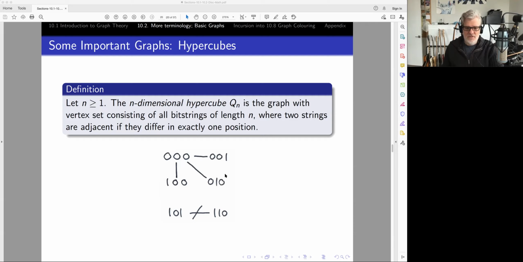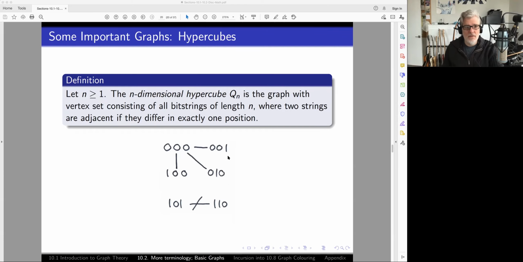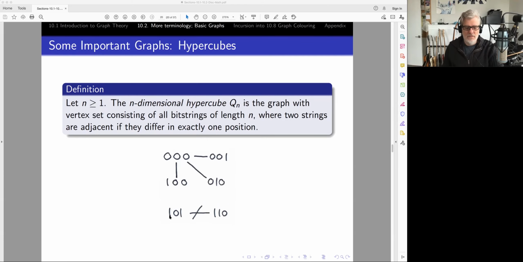It is adjacent precisely to 100, 010, 001. And 101 is not adjacent to 110. You see that these differ in 2 bits. The last 2 bits are different, so they're not adjacent. Would it be adjacent to 001? Yes, 101 is adjacent to 001.